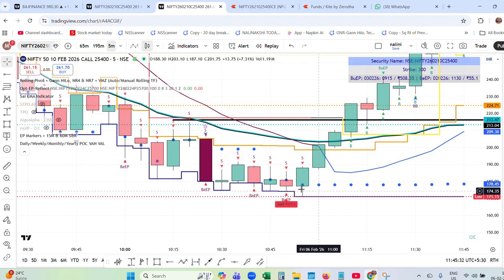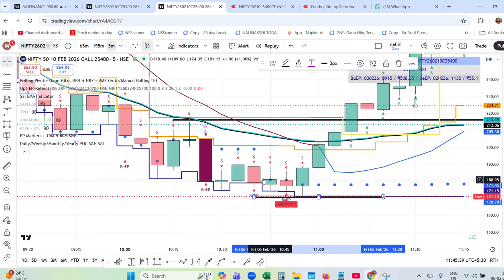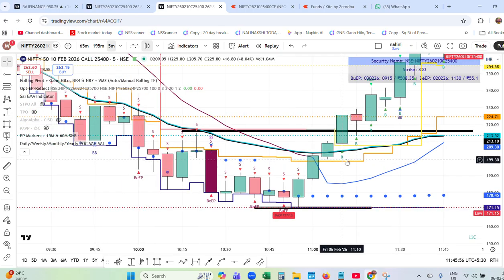You can see the market price getting rejected from this level and the point of control. This was the liquidity sweep. It made a low point of control and it took the liquidity sweep and closed inside. So I entered around 175. It comes with practice, friends, actually.